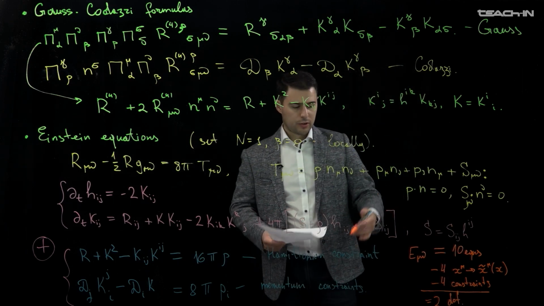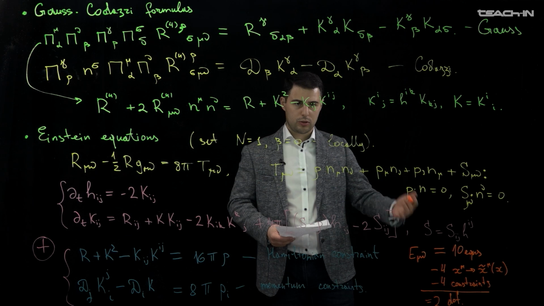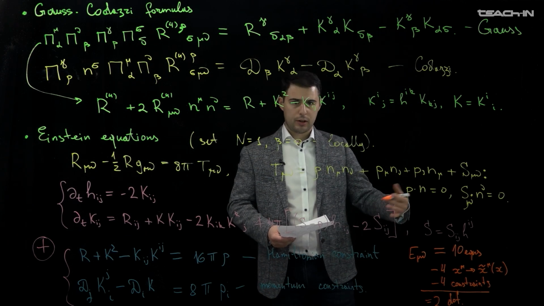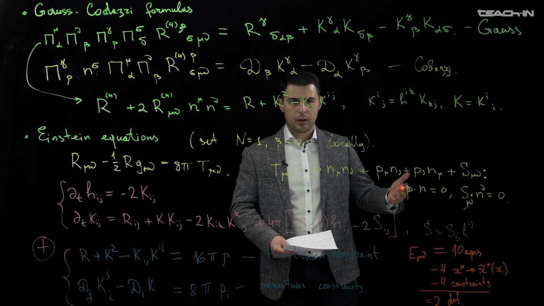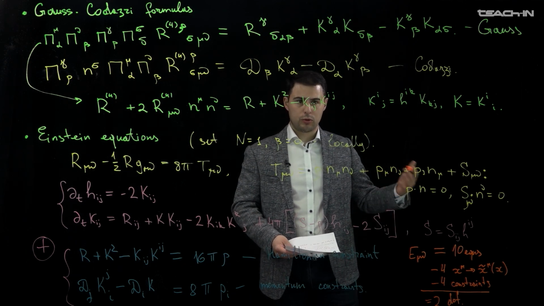So the Einstein theory has only 2 dynamic degrees of freedom, and therefore, for example, the graviton has only 2 polarizations.